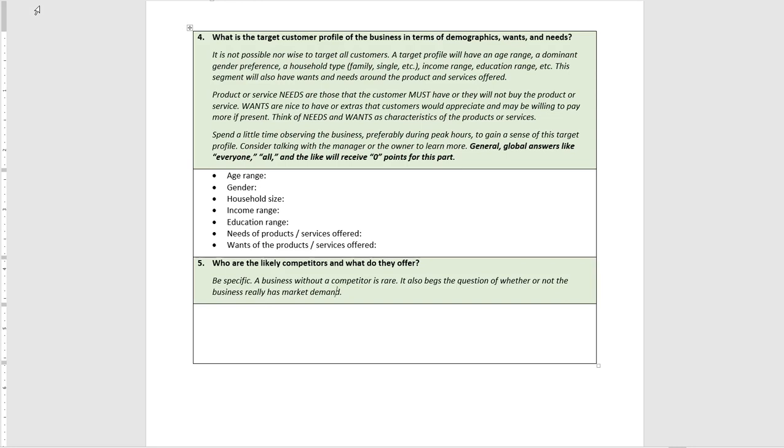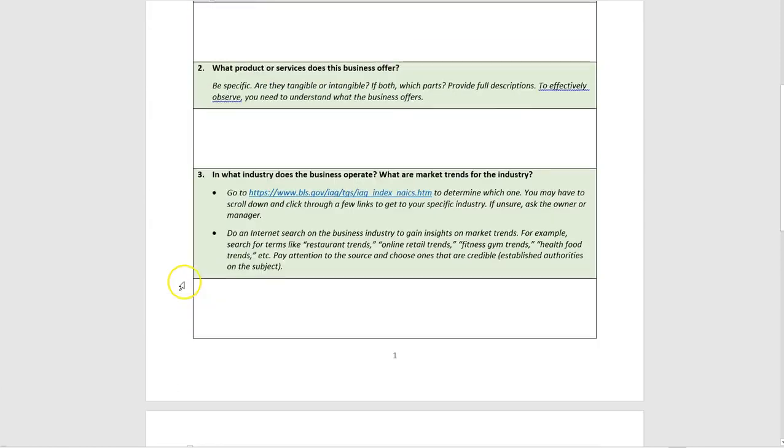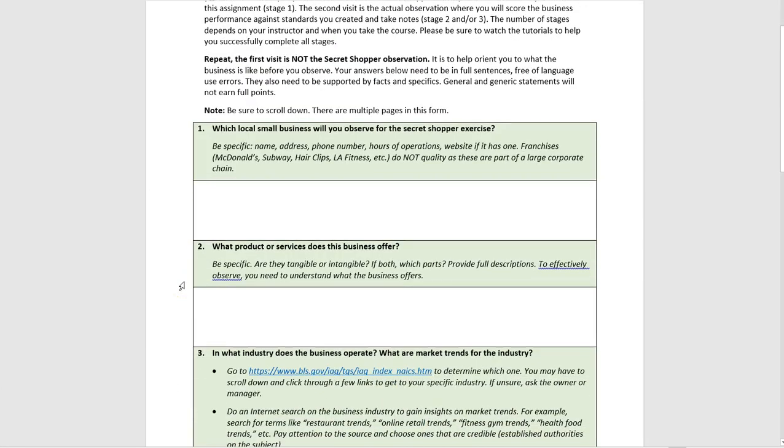Once you've completed answering the questions, please be sure to go back and review your answers to make sure that they did indeed answer the questions and that you followed proper language use conventions. This document is considered business research and is expected to be professionally written.